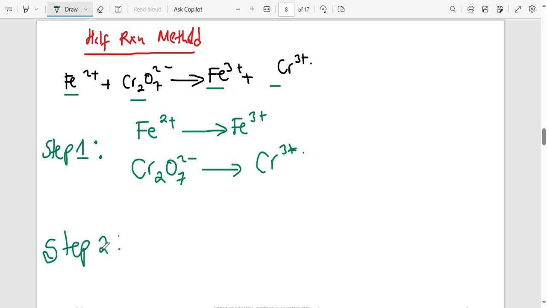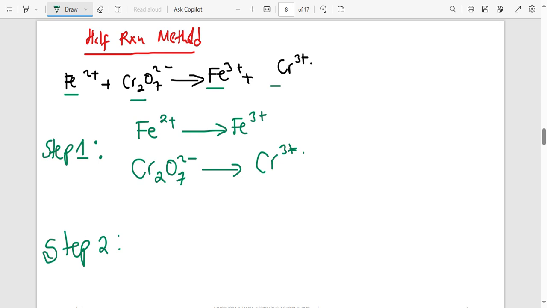Now step 2 is going to involve us looking at our equation to make sure that we balance atoms. We need to balance atoms other than oxygen or hydrogen. Hope you've gotten that.